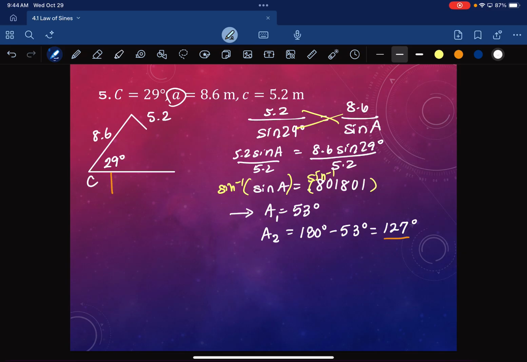So for A1, we will set up 5.2 over sine 29, the same, but now I'm looking for side A1 over the sine of 53 degrees. We'll do just like we had done before. We're going to multiply by sine of 53, and that will find us side A1.